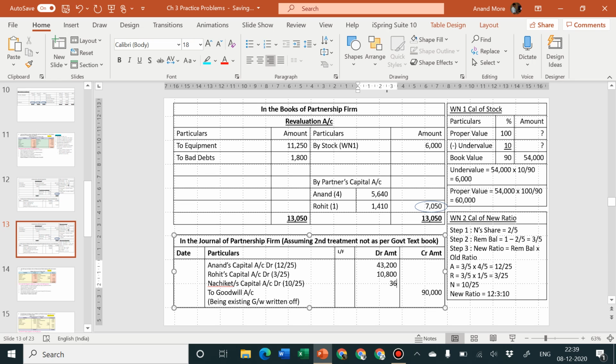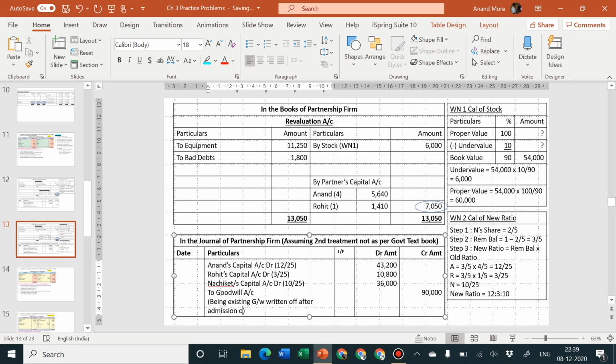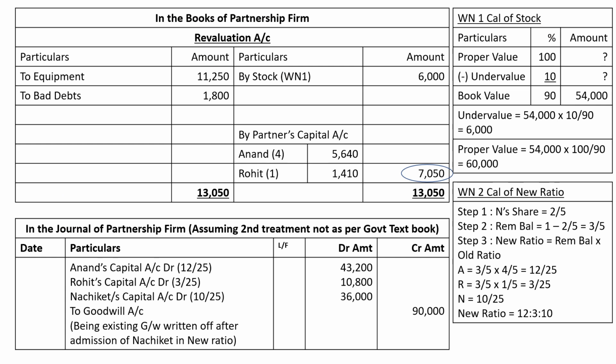If you want, you can cross check. 36,000 plus 10,800 plus 43,200, it comes to 90,000. So that's correct, being existing goodwill written off after admission of Nachiket in new ratio. Okay, after admission of Nachiket in new ratio.